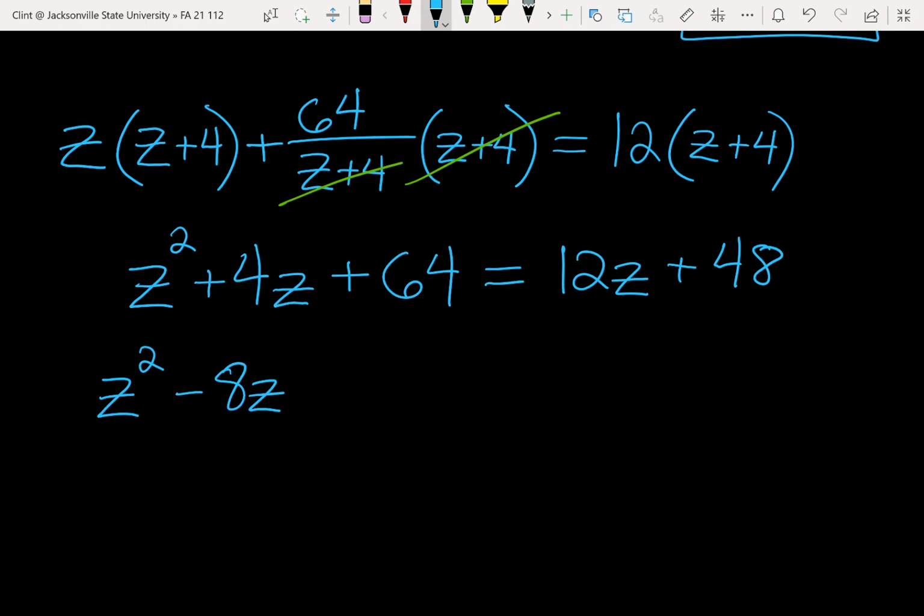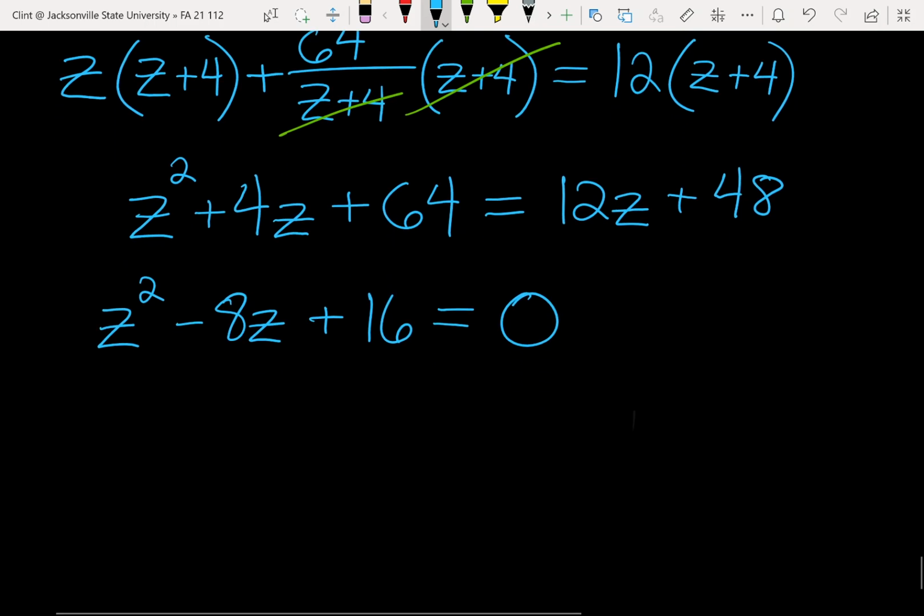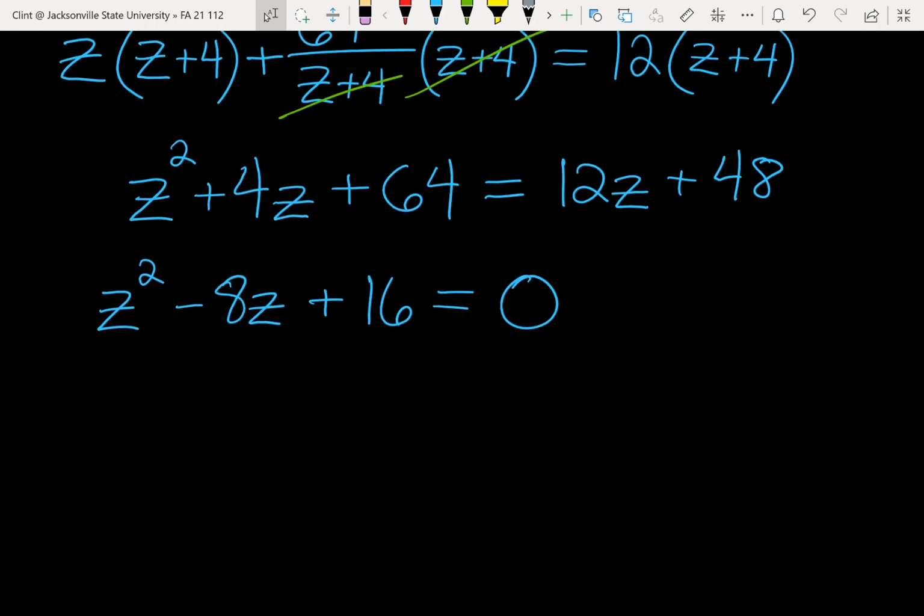And then if we subtract 48 from both sides, 64 minus 48, we get 16. Oh, so that's not that bad. You could do the quadratic formula if you wanted to, but I'm going to go ahead and factor.